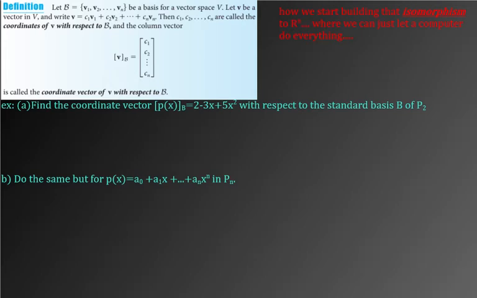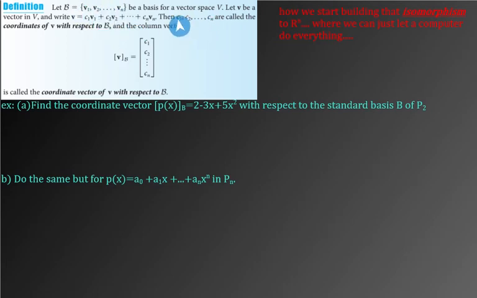Basically, if you have a basis B, or this set of vectors V, and you have some vector v in capital V, the vector space, then that vector should be able to be written as a linear combination of those basis vectors.